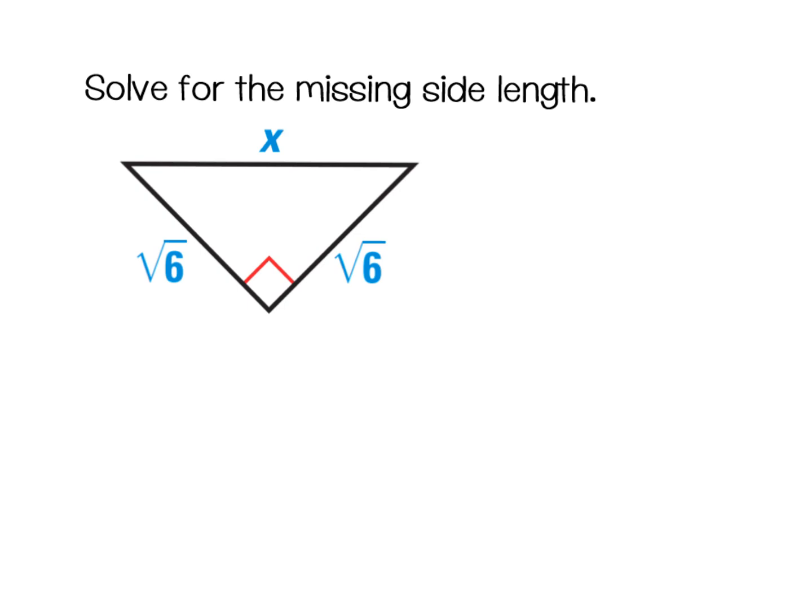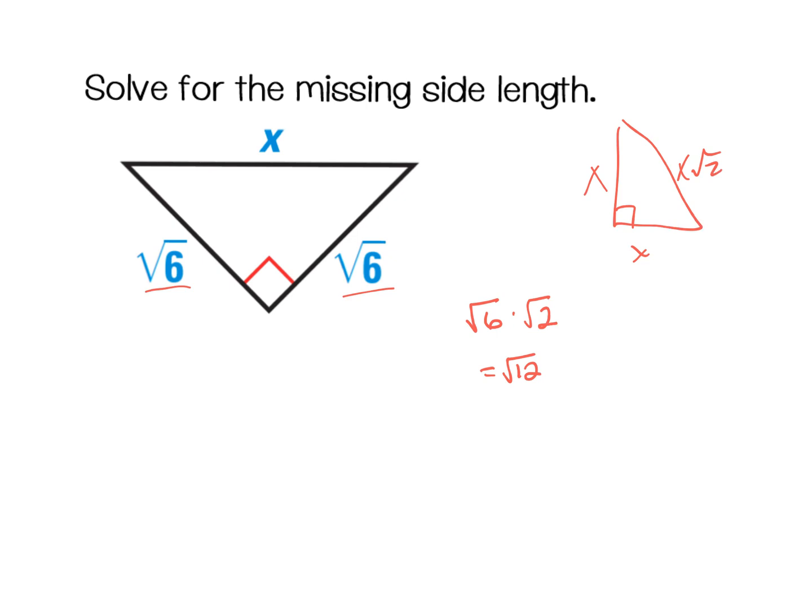Okay, next one. I have a radical 6 for my legs. I want to find the hypotenuse. So if I know my leg and I want my hypotenuse, I just need to multiply by a radical 2. So my leg is radical 6. I need to take that times a radical 2. So radical 2 times radical 6 gives me radical 12.